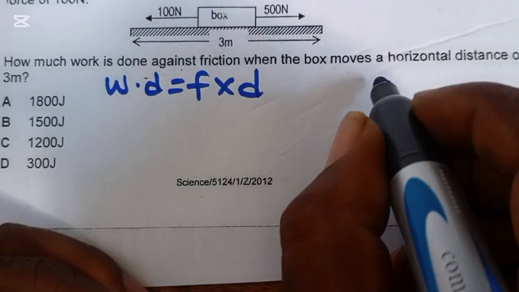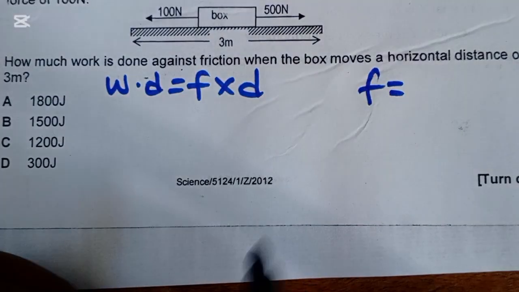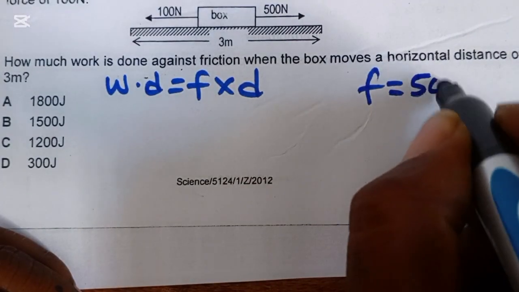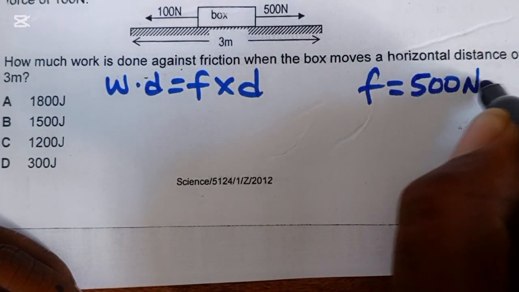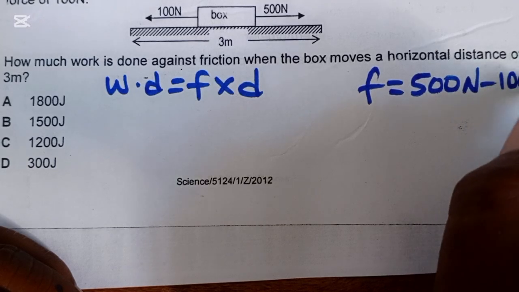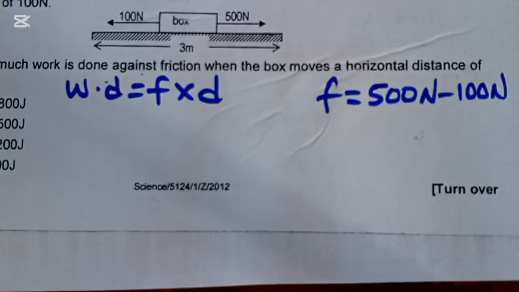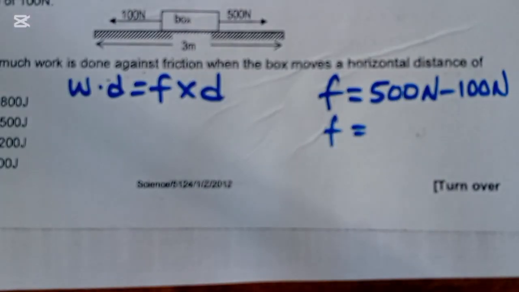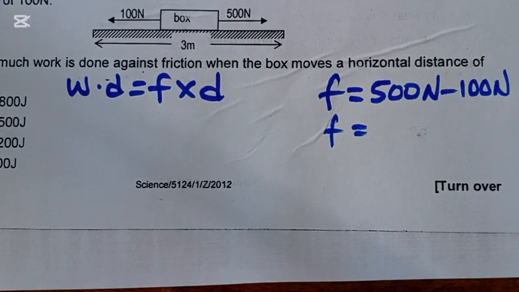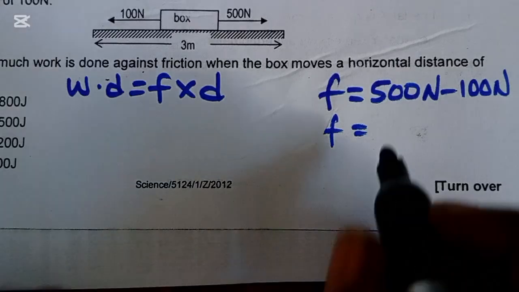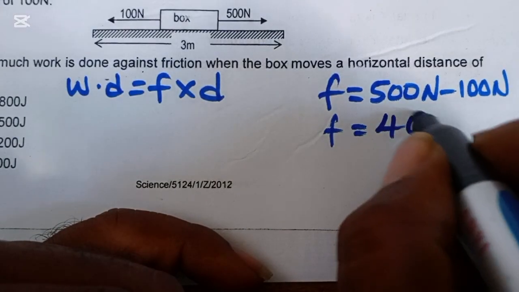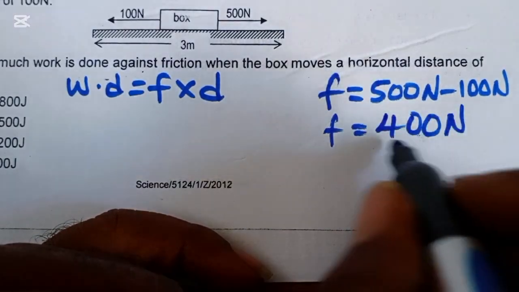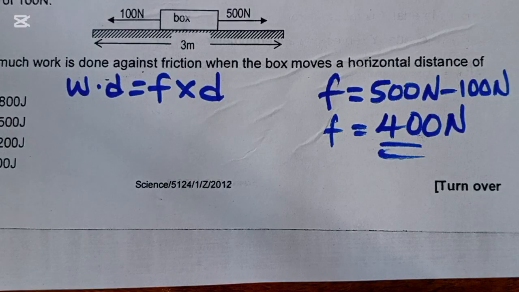So resultant force is equal to 500 newtons minus 100 newtons, which gives 400 newtons. So this is the resultant force.